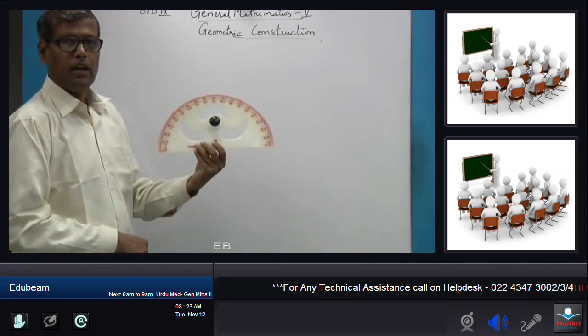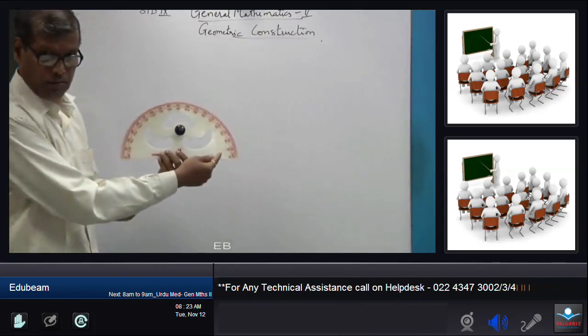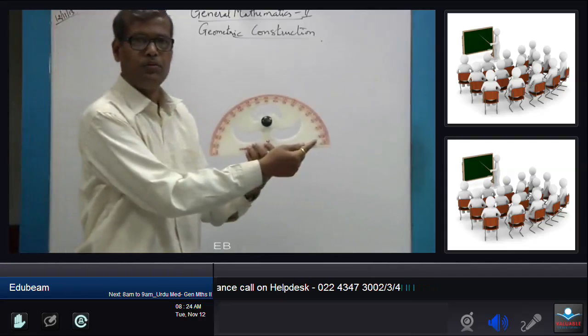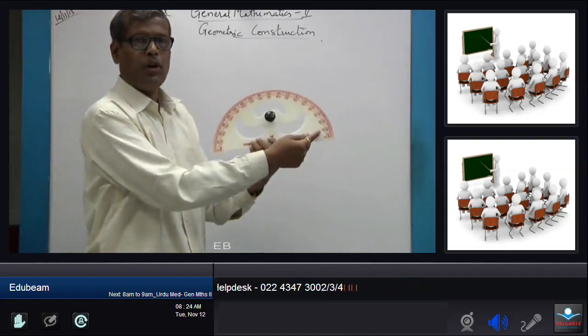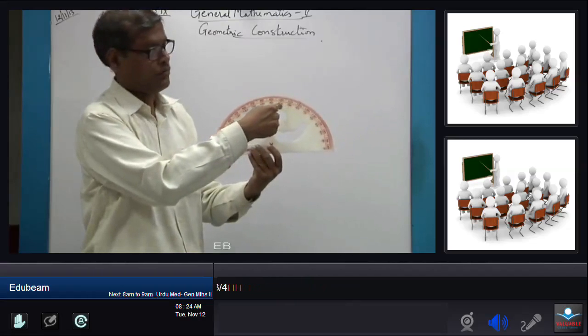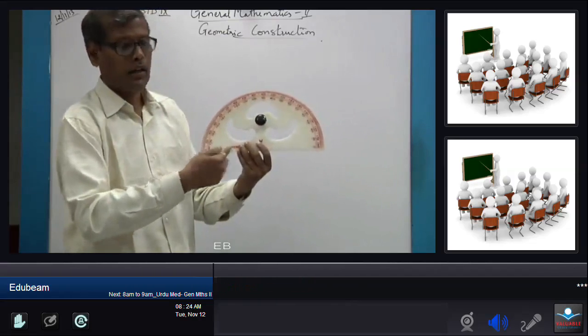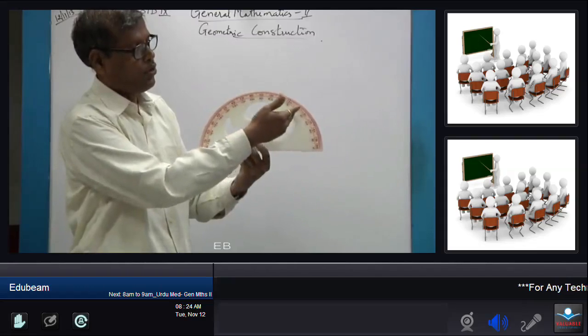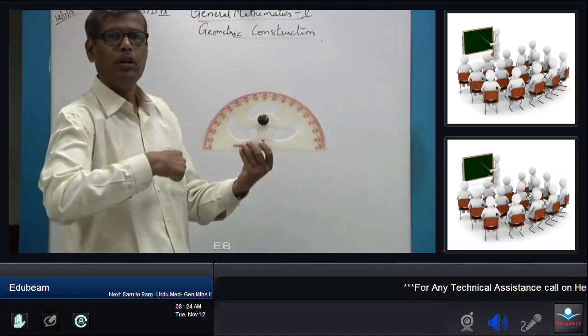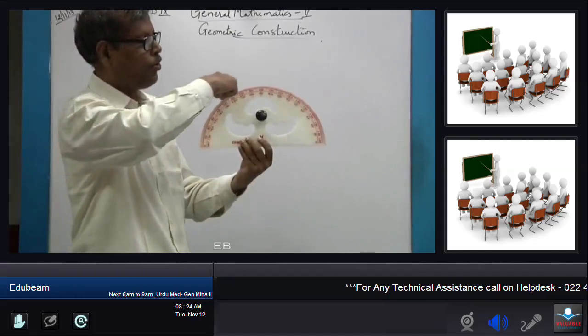And if you are going from this end, 0, 10, 20, you go on the inner lining here. Inner lining means you are going in the clockwise direction, from the inner side of it. And when you are going from the 0 on the other side, you go on the outer.